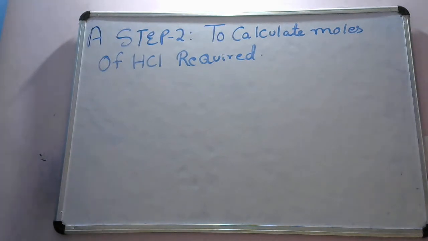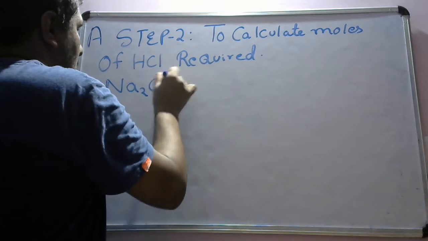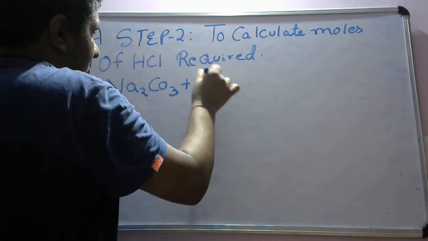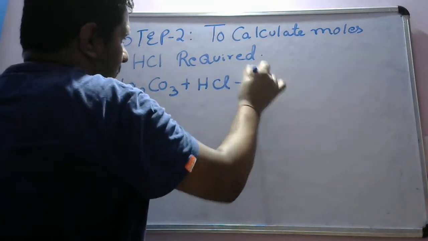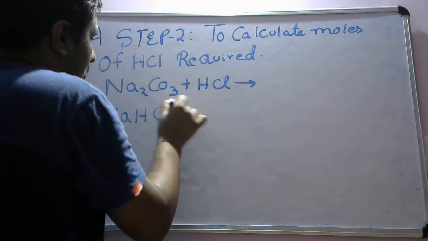Here we will use stoichiometry. What stoichiometry? First we will write the reactions. HCl will react separately with Na2CO3 in the mixture. Also it will react separately with NaHCO3.